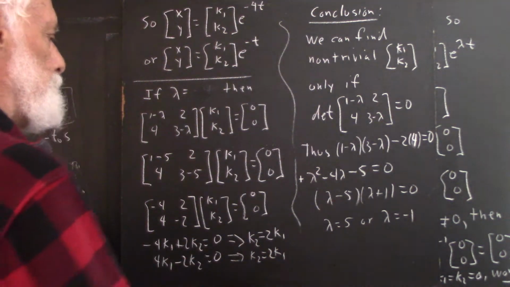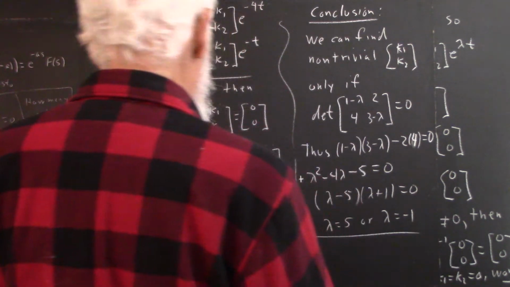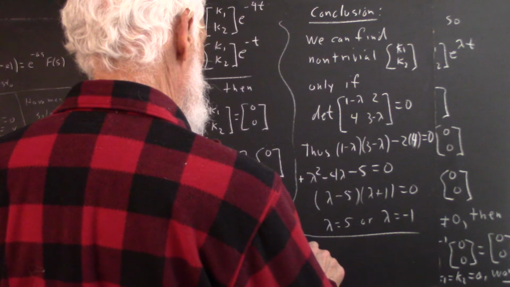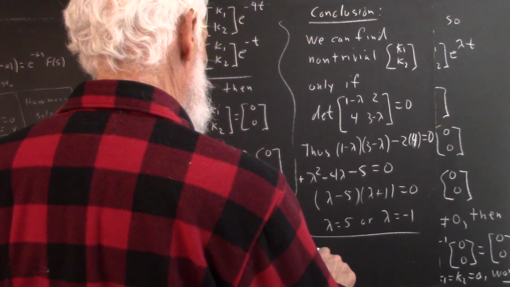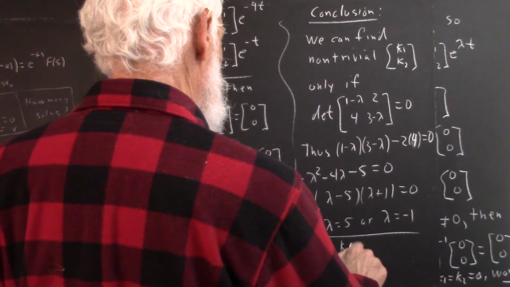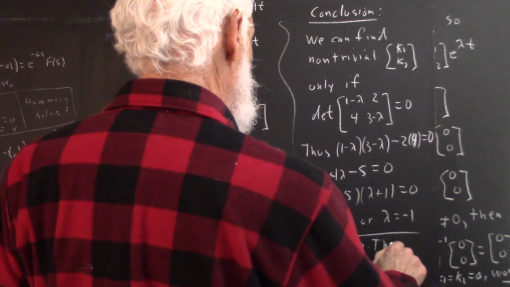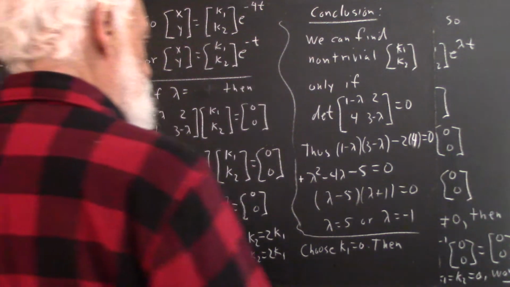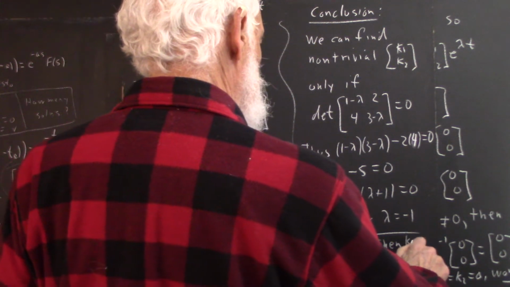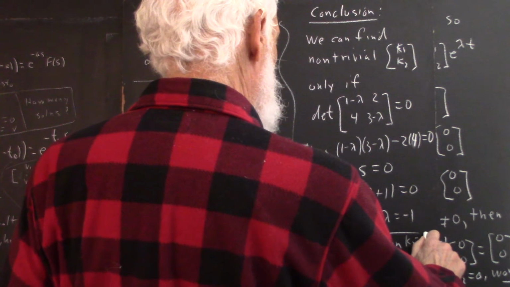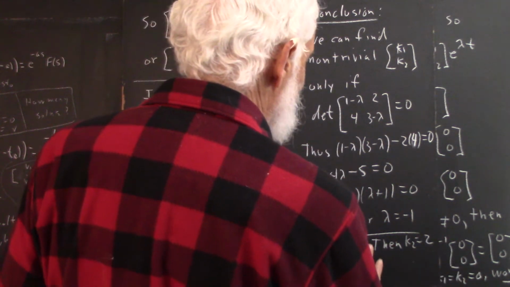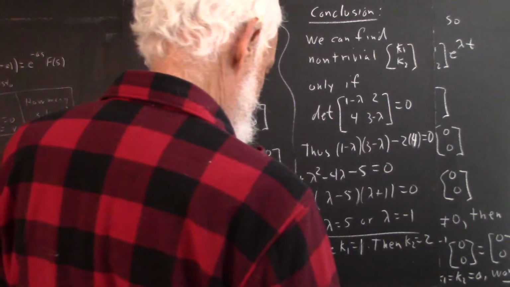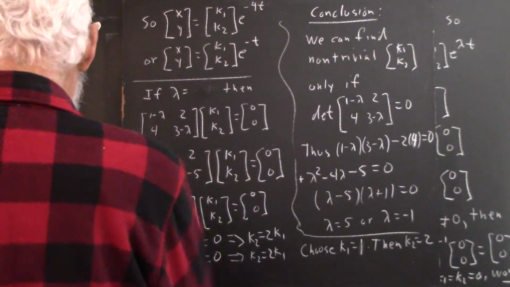Okay, so if we choose k1 equals 0, then k2 equals 2, and choose k1 equals, oh man, careless.